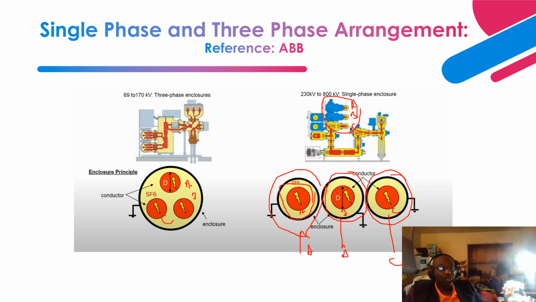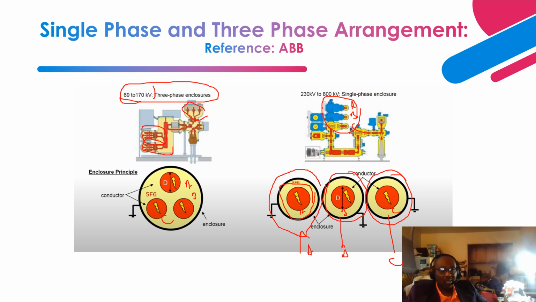For the three-phase enclosure, the maximum you can achieve is 170 kV, 69 kV to 170 kV, because the spacing becomes tight and the probability of arcing becomes very high. That is why the voltage levels come up to 170 kV.